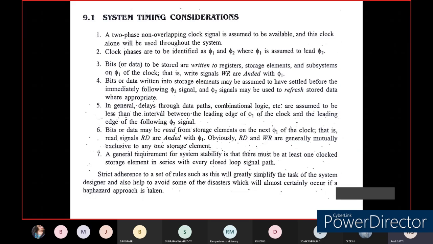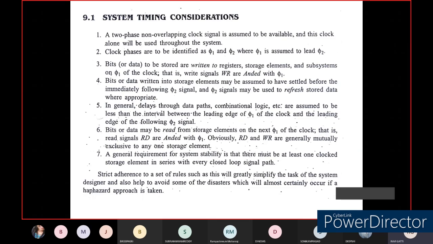And when we want to read any data from the registers, it has to go through the clock signal itself. So what timing signals you are going to fix for reading the data from a particular storage element has to be understood.